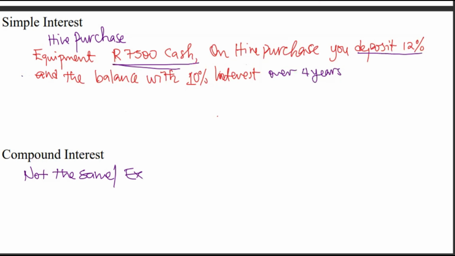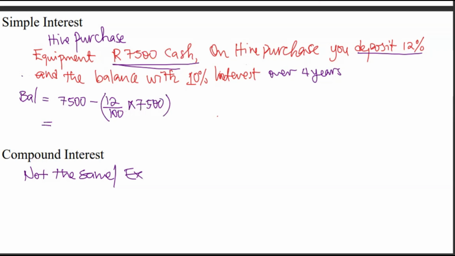So we shall always get the balance. We shall get the cash money minus the deposit of 12%. Please don't subtract only 12%. 12% of that money is paid in the beginning.